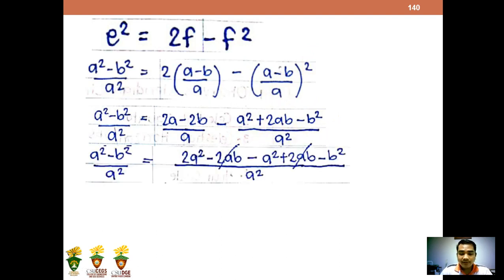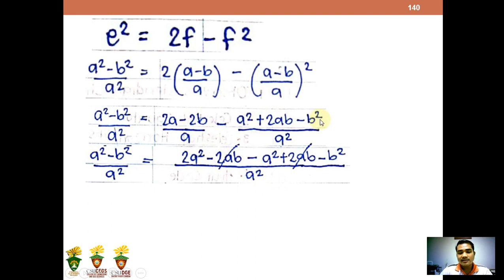Then we need the common factor of a and a squared, which is a squared. A squared divided by a is a, times 2a, so we get 2a squared. A squared divided by a is a, times negative 2b, so we get negative 2ab.